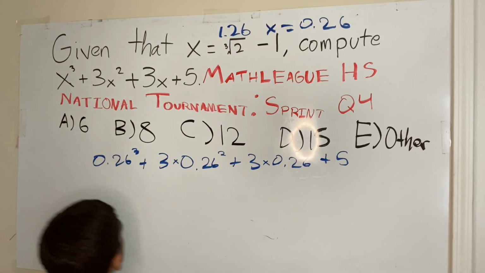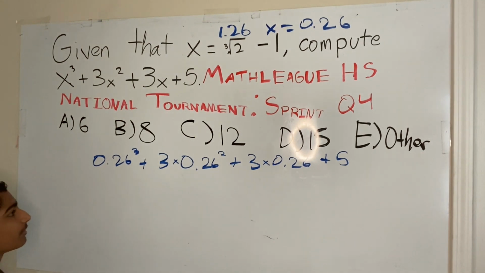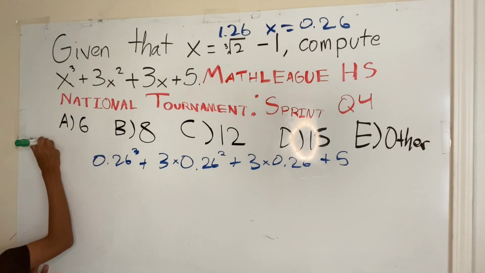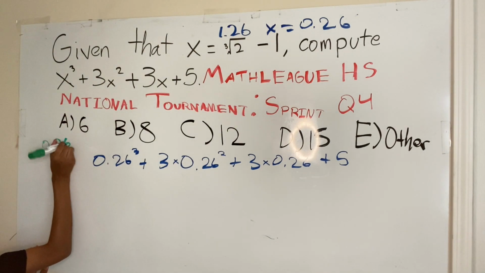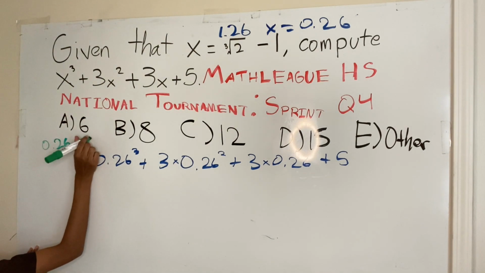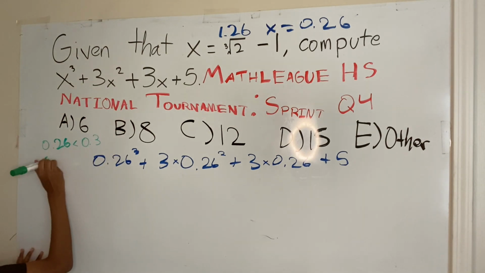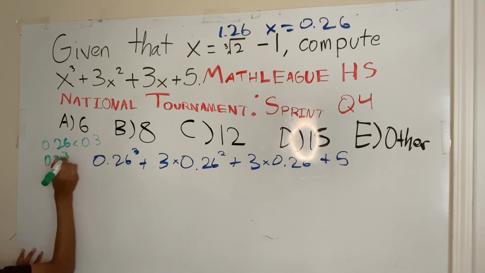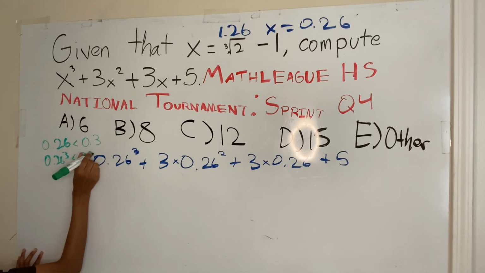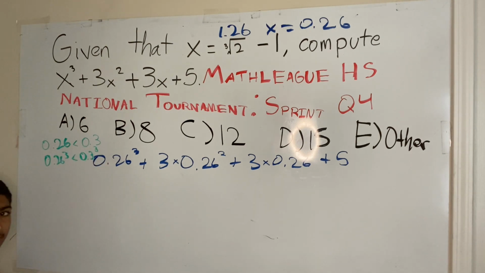Okay, so 0.26 cubed, what we can do for that is we can make an upper bound for that. So we know that 0.26 is less than 0.3. So therefore, 0.26 cubed must be less than 0.3 cubed, since we're doing the same thing to both sides.